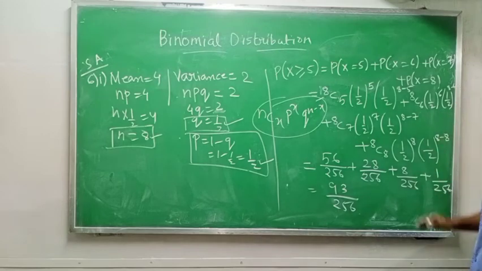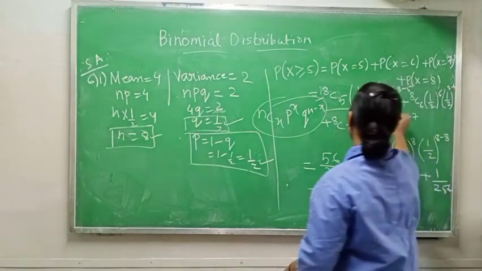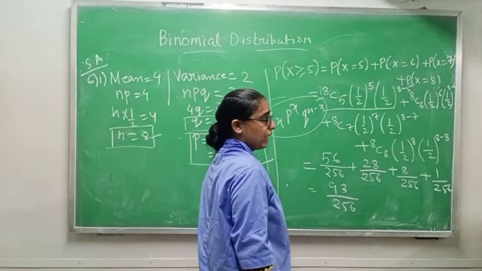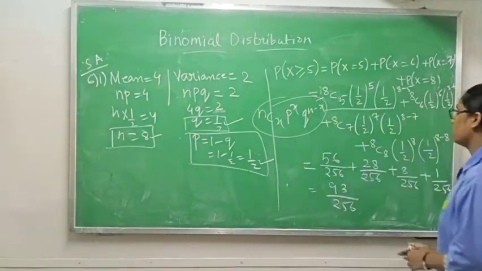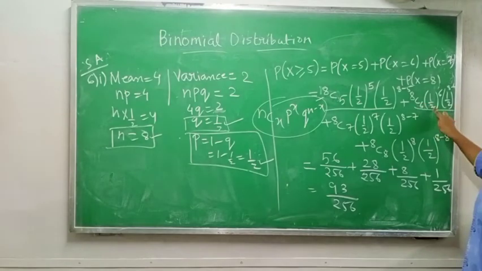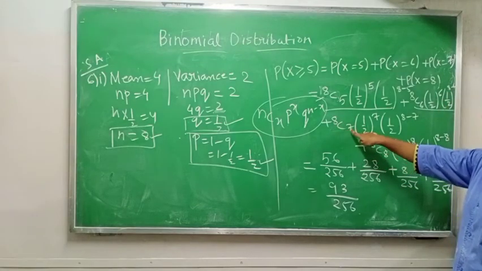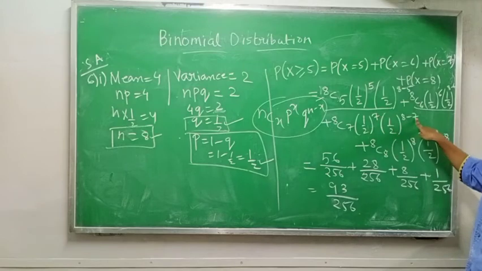Okay. Now when you solve the first part, you will get 56 by 256. Please use your calculator to solve the combination. 8c6, half power 6, half power 2, you will get 28 by 256. When you solve 8c7, half power 7, half power 8 minus 7, you will get 8 by 256.